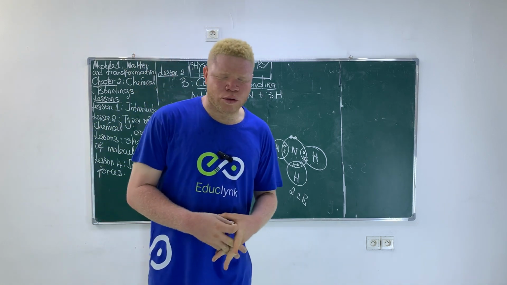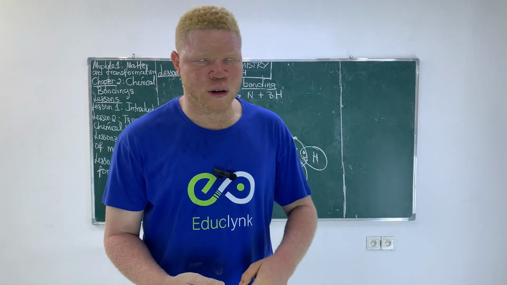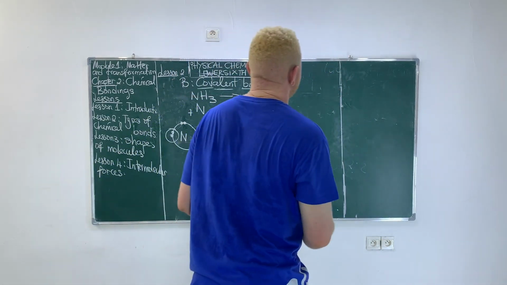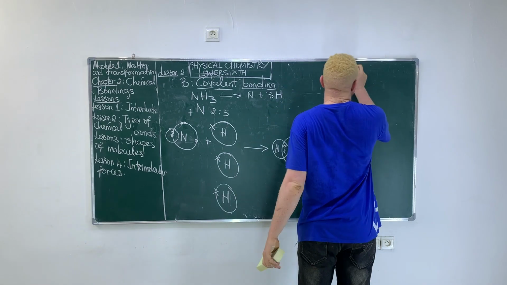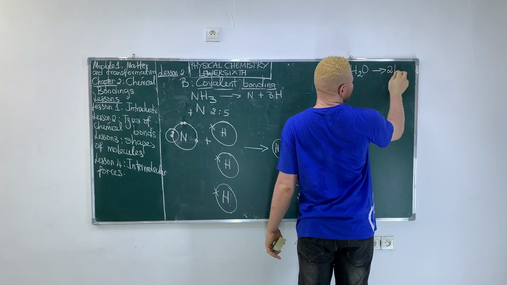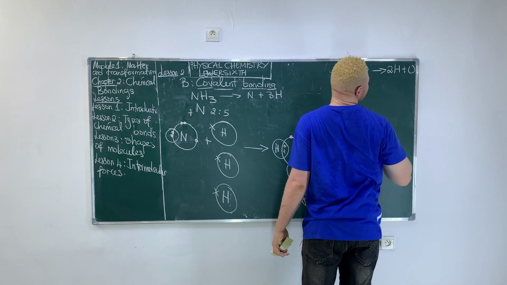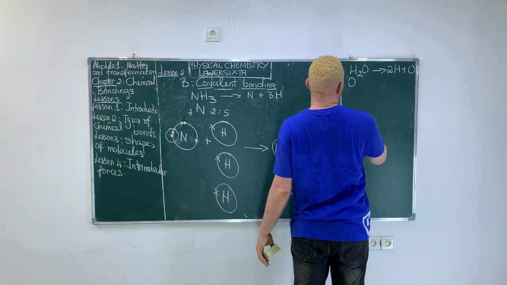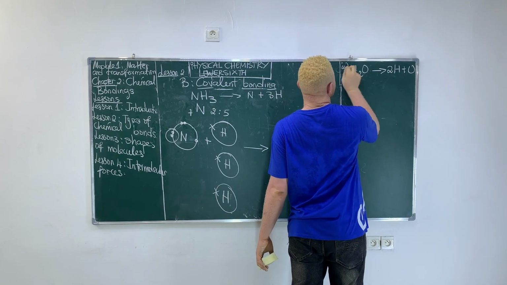We're now going to go straight to the second molecule, the molecule of water. So let's take the molecule of water. Water gives 2H and O. In this case, we write a configuration for oxygen. So here's 1 and 2.